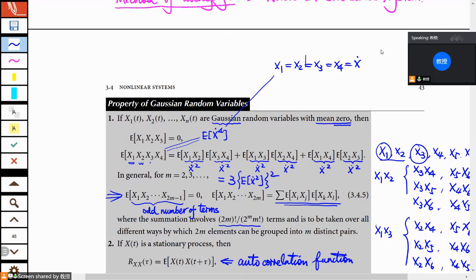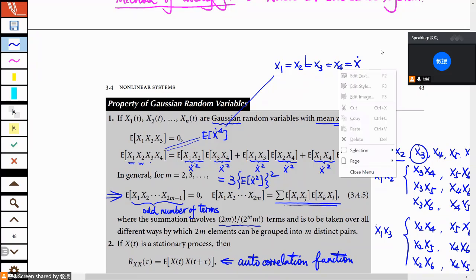Now you can see why this formula is useful. If you have a cubic nonlinearity, you would have x dot to the power 4. If you have a nonlinearity of power 5, then you have x dot to the 6.